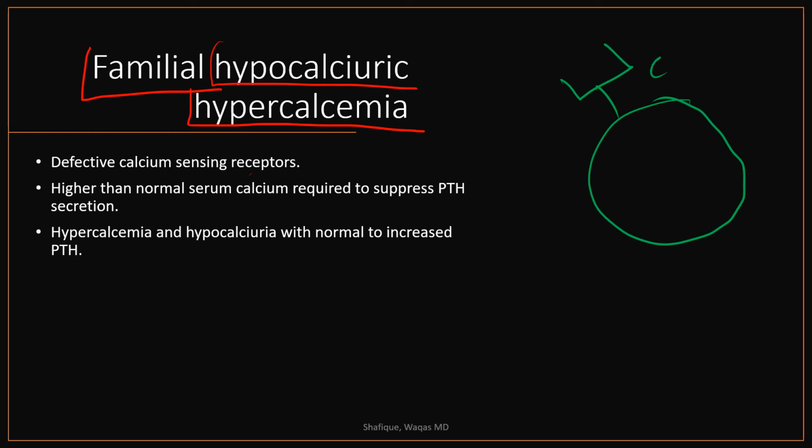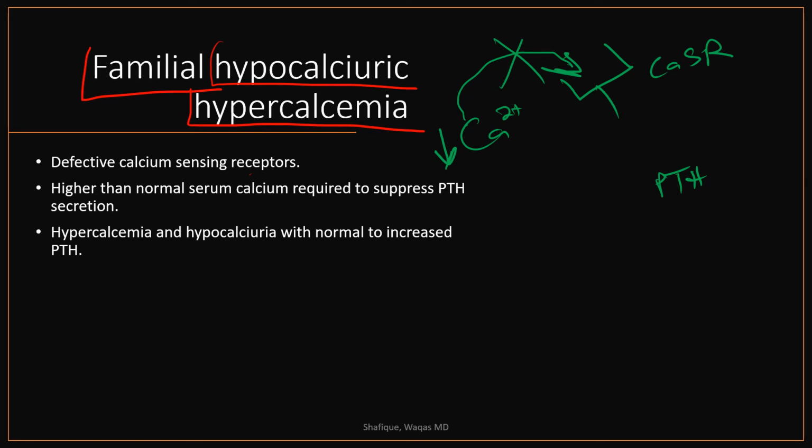These calcium sensing receptors sense the calcium, and if it's appropriate amounts, the calcium binds to this receptor, causing inhibition of PTH, right? If there's low calcium in the serum, the calcium will not bind to this receptor, and that will decrease the inhibition on the PTH, and that will increase PTH secretion, right?